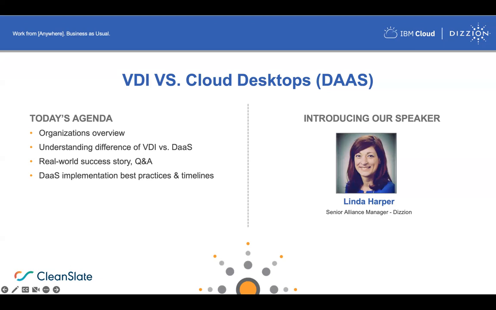Being able to be agile. Obviously, the last couple of years have been a little different for everybody, so it's been super exciting. I've been nearly 3 years at Dizzion. I started right when the world went into shutdown. So it's been a great journey and I've had a lot of fun getting the IBM Cloud relationship up and running and working with all the great business partners there.